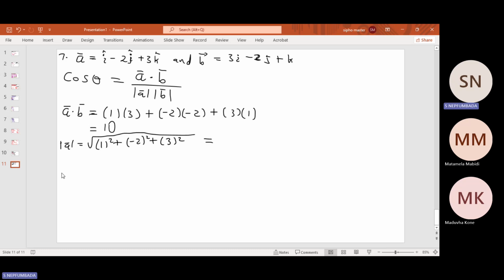Then you go to the solution. Then for this one, the square root of 3 squared plus minus 2 squared plus 1 squared. Then you get what?